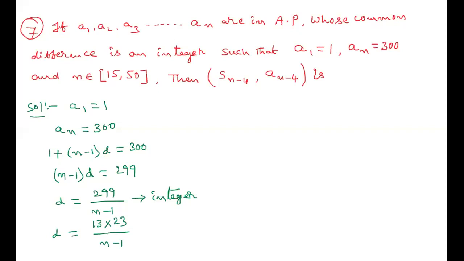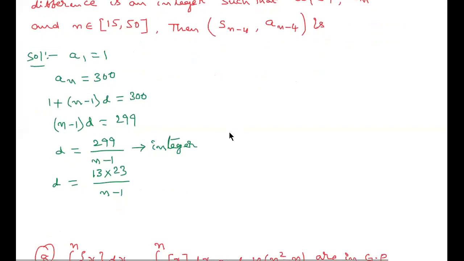This value is possible as an integer if n minus 1 is equal to either 13 or 23 or 299.